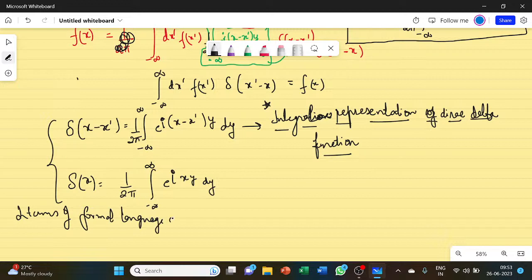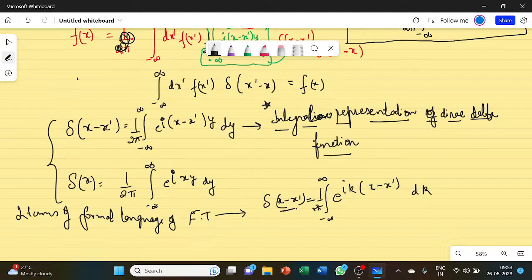language of Fourier transform, I will write Dirac of x minus x dash as simply 1 upon 2 pi, minus infinity to plus infinity e to the power iota k times x minus x dash, and here you will have dk.